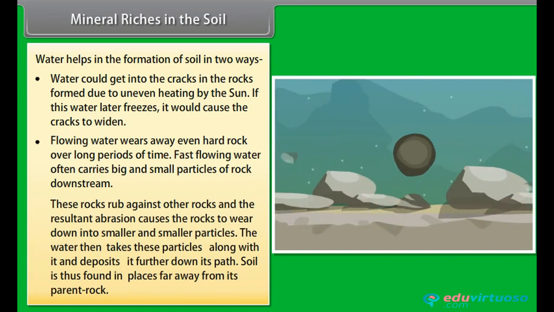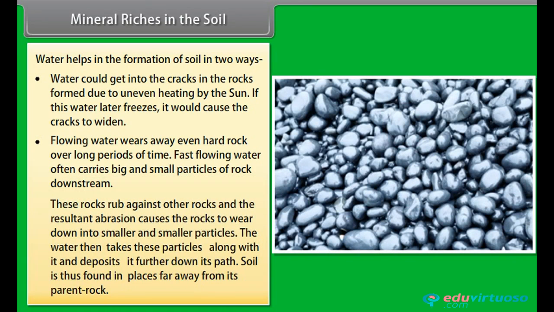These rocks rub against other rocks, and the resultant abrasion causes the rocks to wear down into smaller and smaller particles. The water then takes these particles along with it and deposits them further down its path. Soil is thus found in places far away from its parent rock.